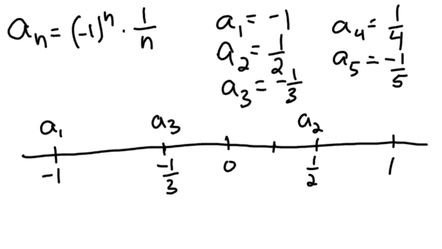Positive, but closer to 0 now. Notice that the even n values are on the positive side. For the odd n values, the output is on the negative side. A sub 5 is -1/5. We'll call this about right here.